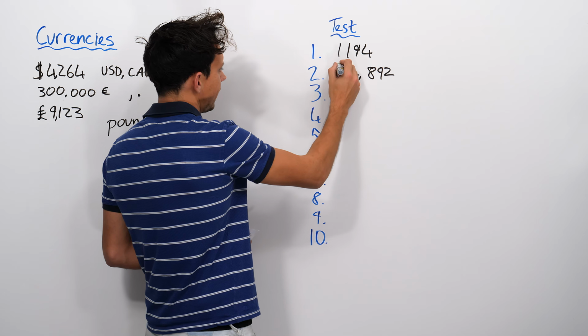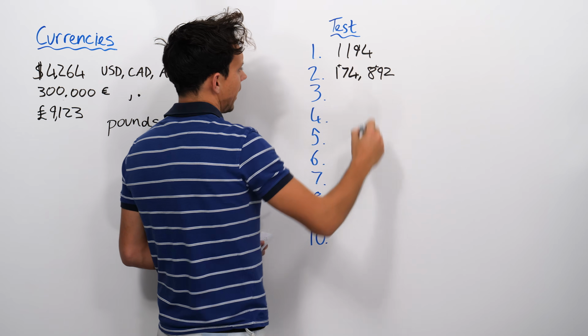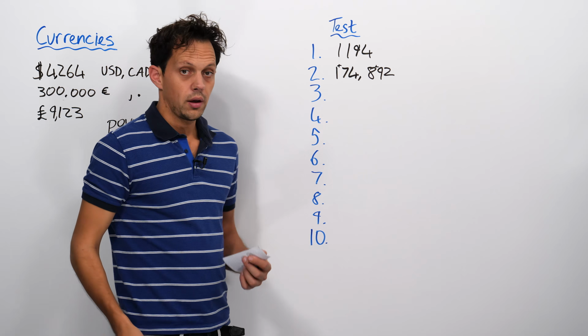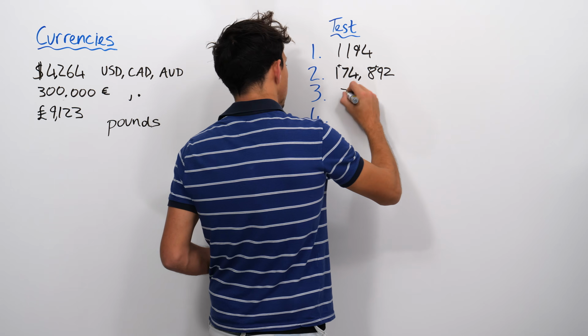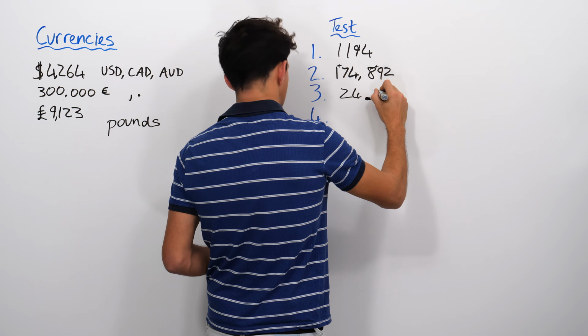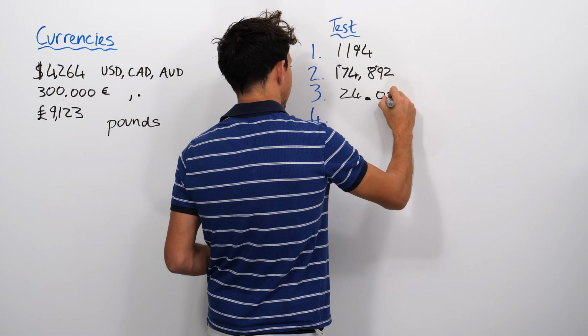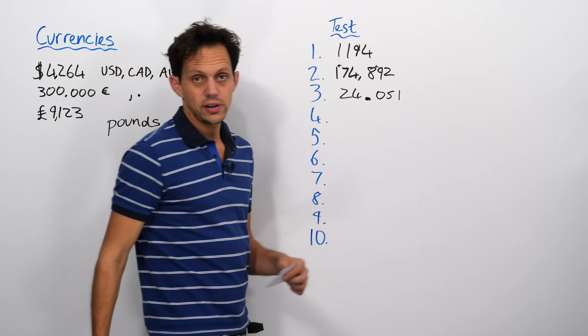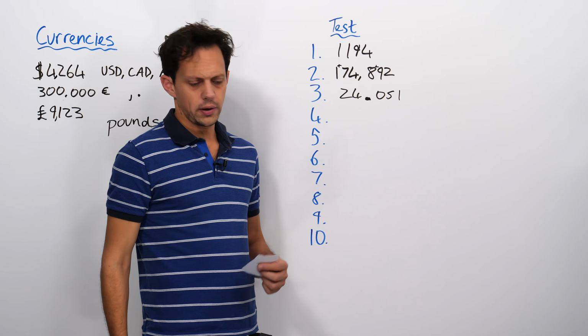Okay, so you've got the ands there and there when you say it. Number 3, 24.051.